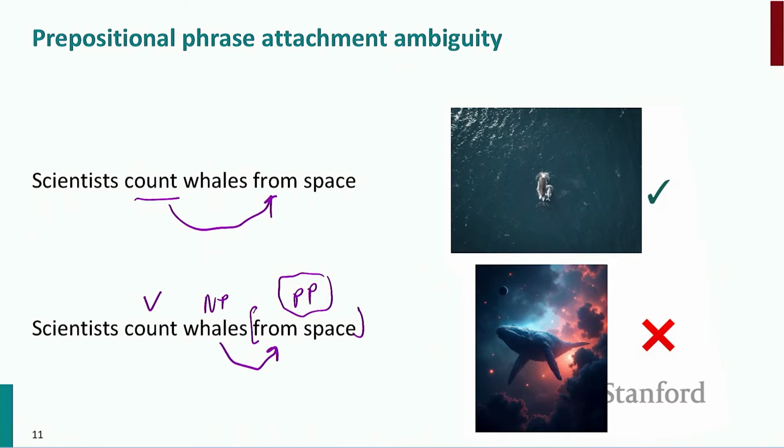Because prepositional phrases are really common in English, whenever you get them like this, it's always ambiguous as to what earlier thing in the sentence they're dependent on. And you can put in another prepositional phrase, in the morning or something like that. And so then the ambiguities just multiply.